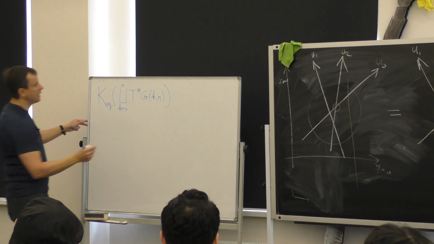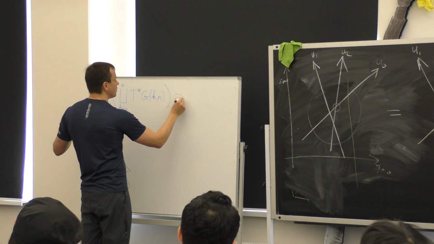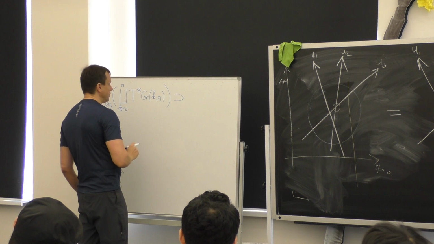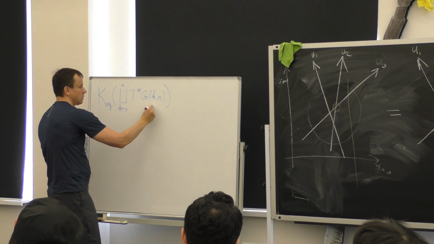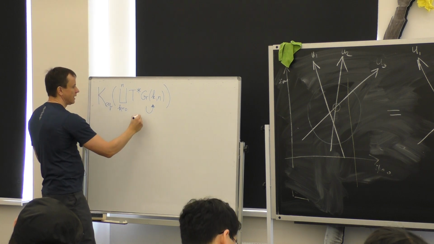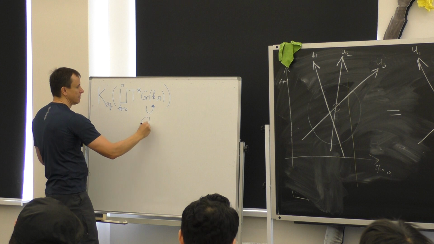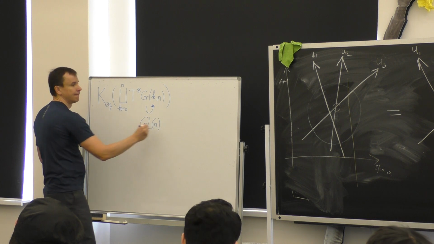And over this, we had an action, not on this, but on the Grassmannian. There was an action of GL_n. Right.